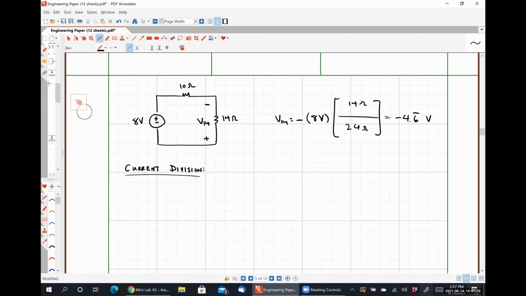All right, so in current division, let's say again that we have a resistor network, but now all of our resistors, R1, R2, etc., are connected in parallel.